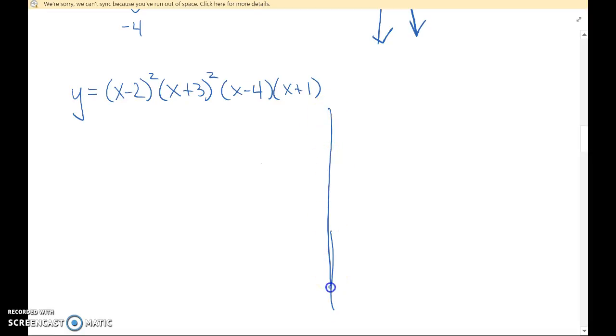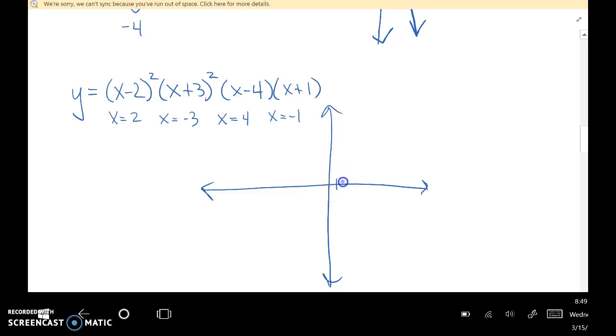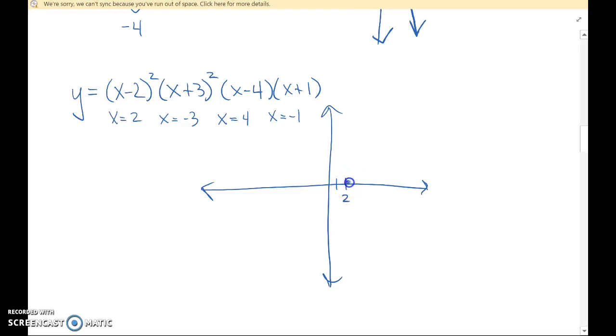And so first step in always doing this is identifying your x-intercepts. And so we have a 0 at 2, a 0 at -3, a 0 at 4, and a 0 at -1. And so 2, -3, 4, and -1, we have zeros.